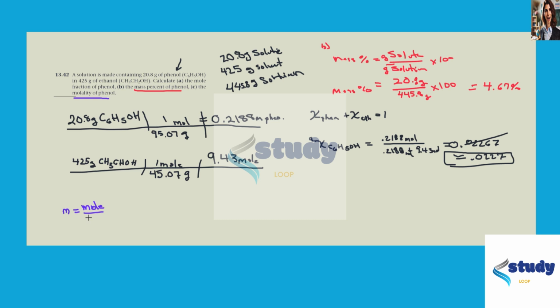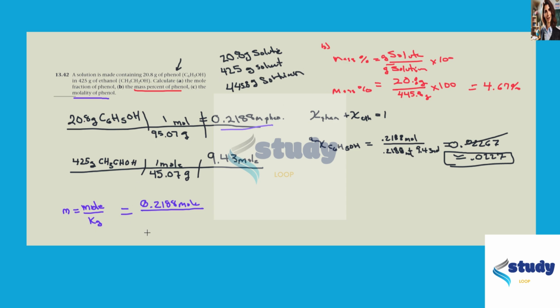So it's always moles per kilogram. Perfect. We have already solved for moles of our solute. So we know that we have 0.2188 moles of our solute over kilograms of our solvent.